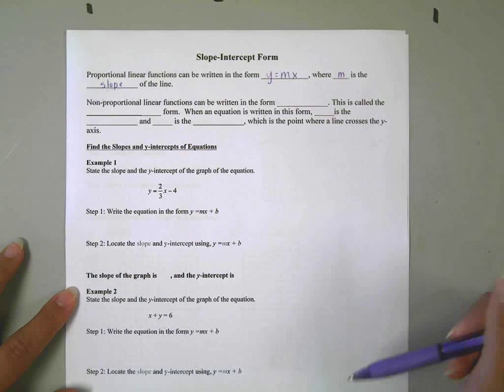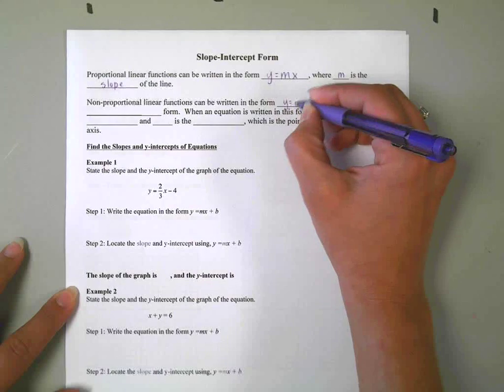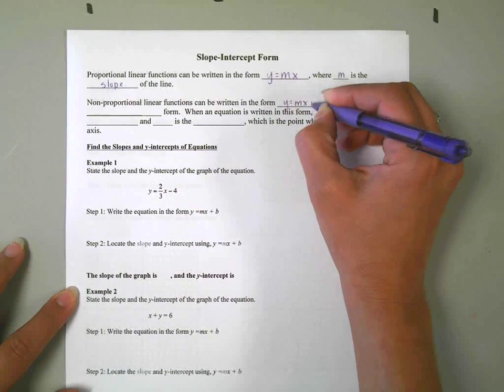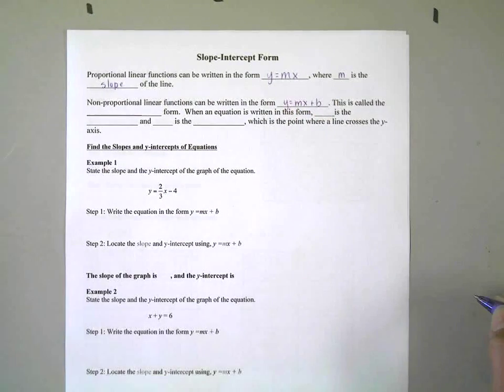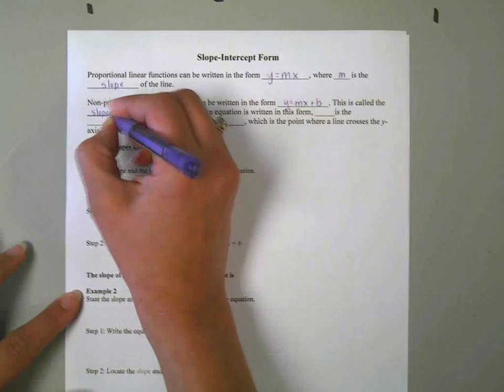Now, non-proportional linear functions can be written in the form y equals mx plus b. This is called the slope-intercept form.